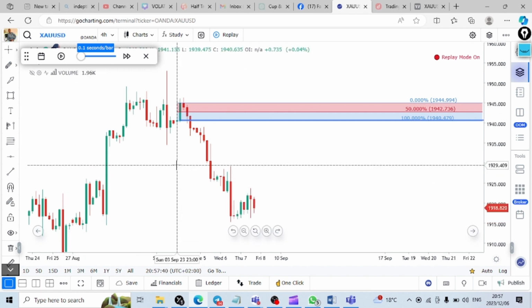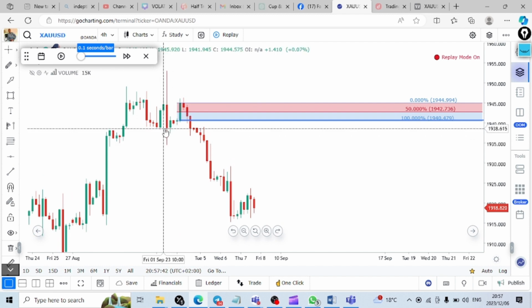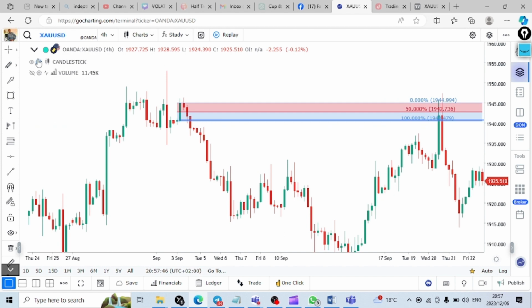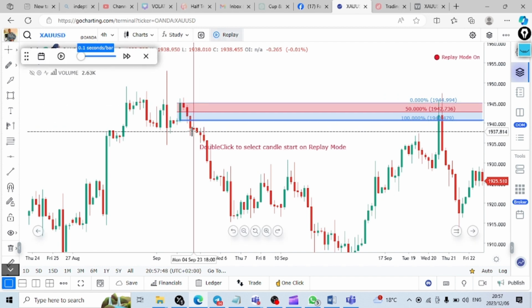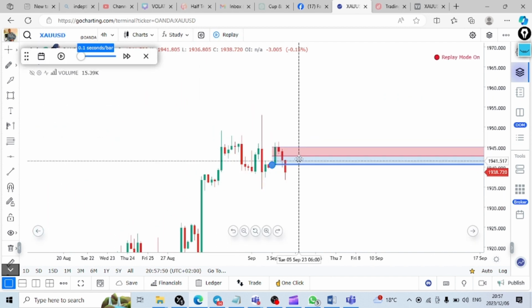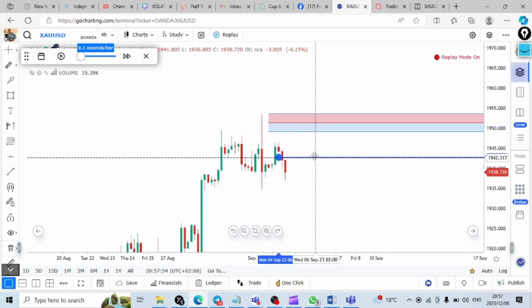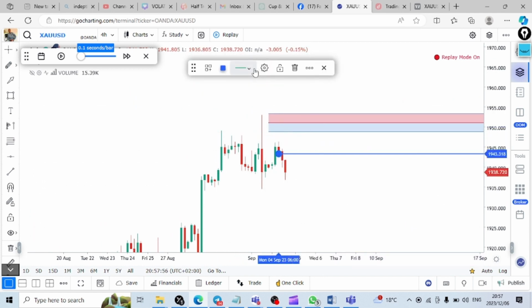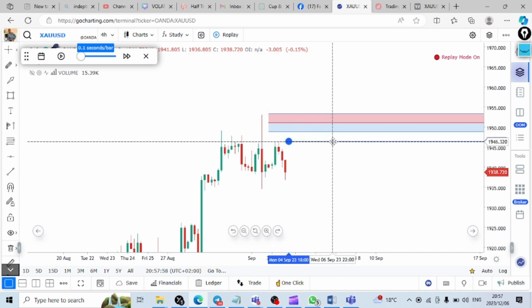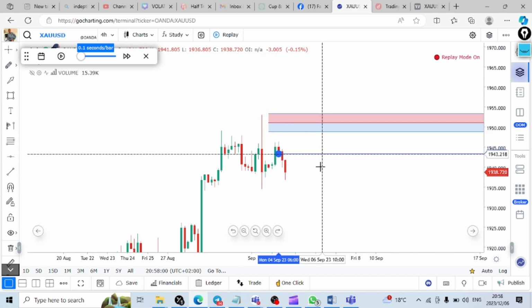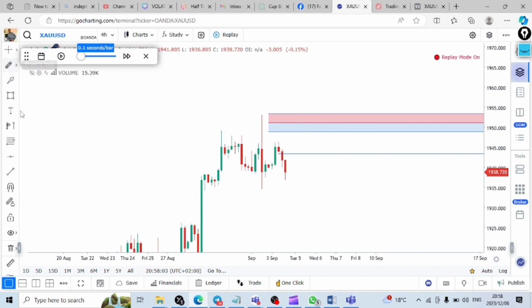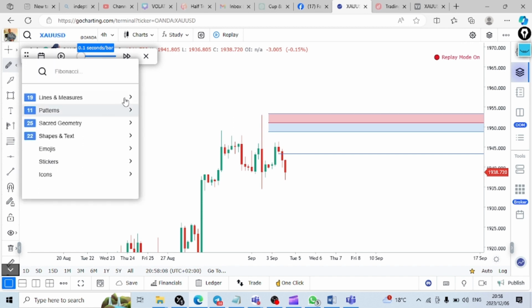we had this small fair value gap, it was covered. I hope you'll be able to see it because it's very, very small. If you look at the low of this first bearish candle and the high of the third candle, they are not connected together.